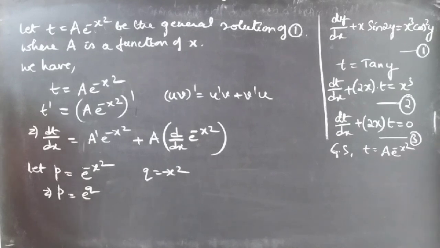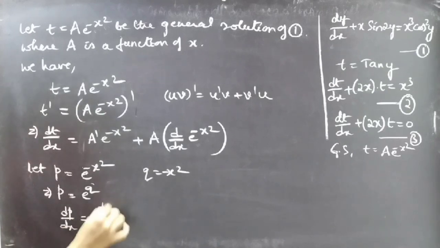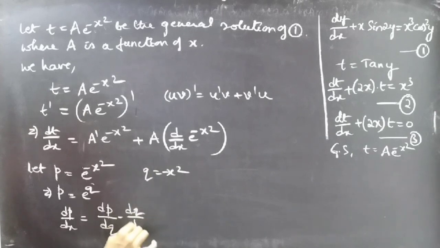Here we are going to apply chain rule again. dp by dx equals to, since p is a function of q, because we are having p equal to e power q, we'll get dp by dq into dq by dx.